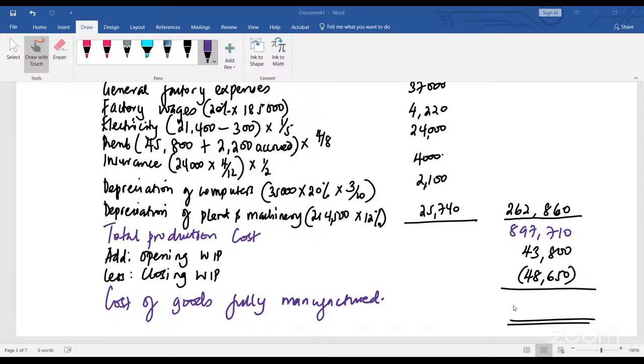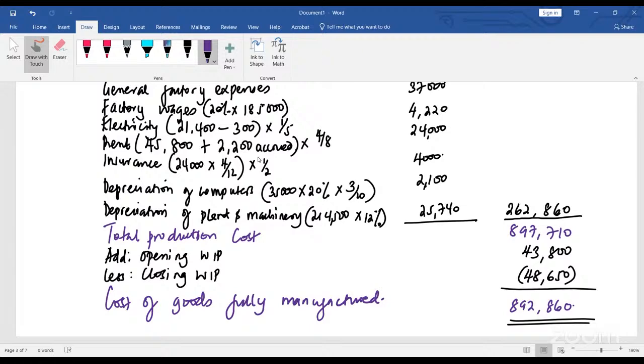It should be 892,860. Thank you. That is the cost of goods for the manufacturer, members. That is our manufacturing statement.